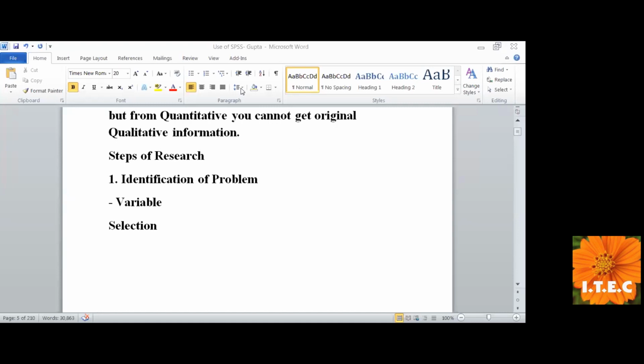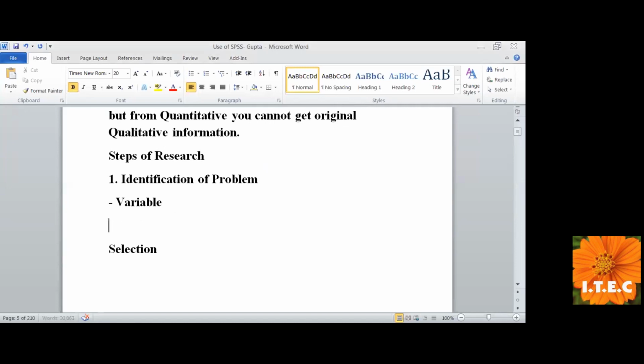Patnaik, your answer is correct. Divya, your answer is correct. My dear friend, you have to select minimum one variable. Why? Because without variable, research is not possible. So you need not to select 4 variables. You have to select minimum one variable. If you want to select more than one, absolutely your choice. Otherwise, minimum one variable must be there. Because without variable, research is not possible.